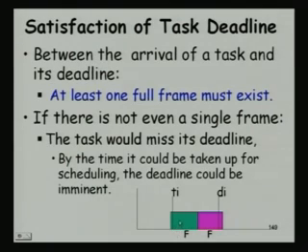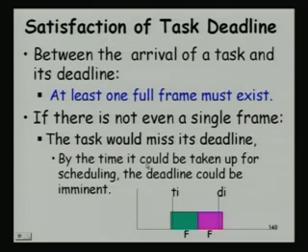Now, the frame has already started here, the green one is one frame, and the frame has already started, it cannot run here, and if we want to run it here, the task Ti, its deadline cannot be met, right. So, this is the problem we will face if we do not even have a full frame between the task's start and the deadline, right. In this case, it will surely miss its deadline, you can't do anything about it.